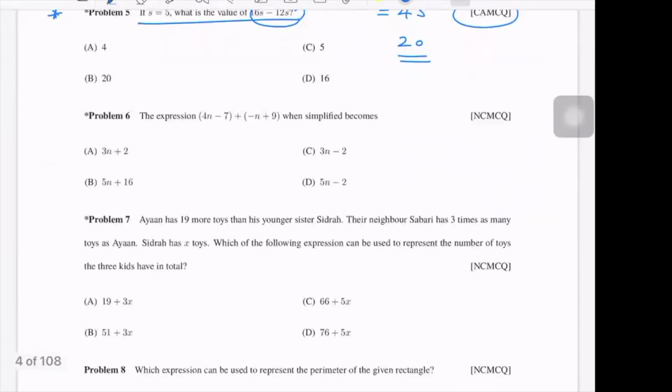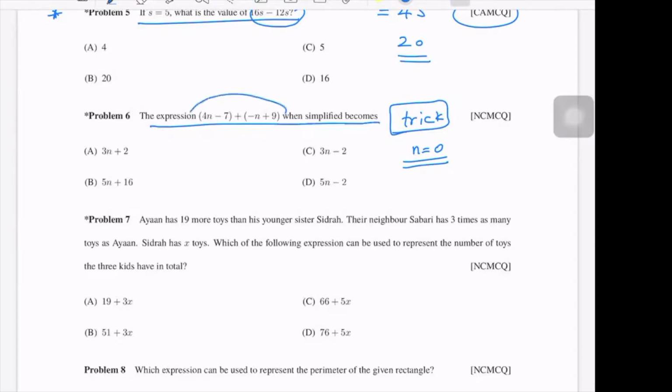And in this question, I'll tell you a trick. Of course, you should know how to do it in the proper method, because the trick won't always work out. The trick is you put n is equal to 0. When you substitute n is equal to 0, the expression simply becomes 9 minus 7, which is 2.